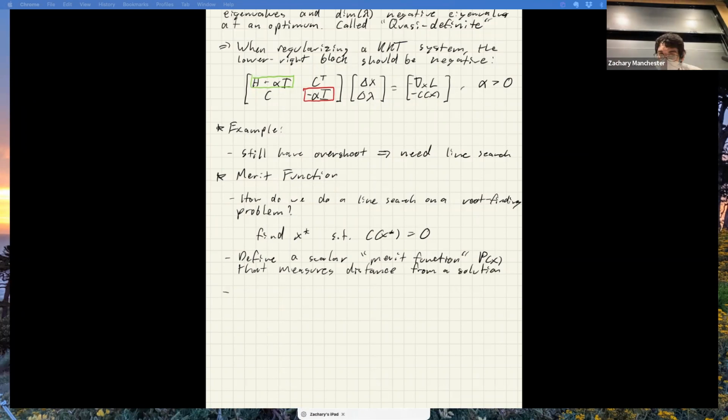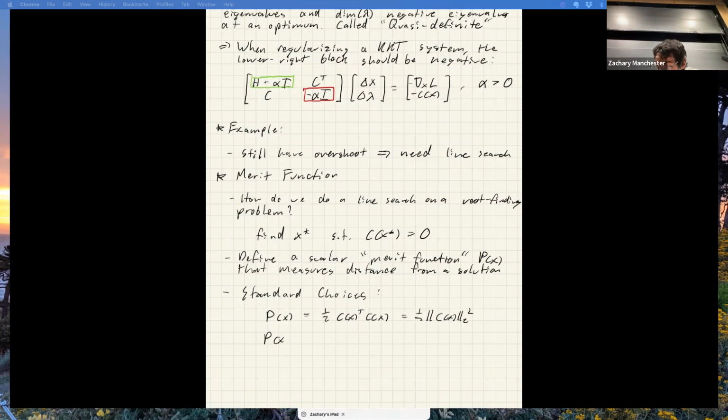There's a bunch of standard choices. One reasonable one is a quadratic: 1/2 c transpose c, which equals the 2 norm squared. Another one, which you just suggested, is a norm, and any norm will work.